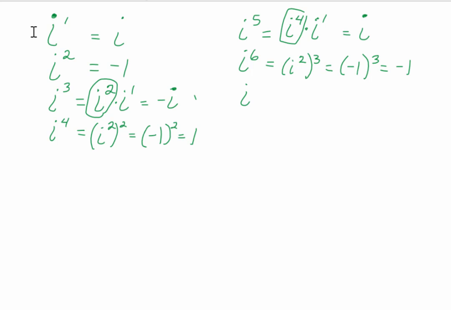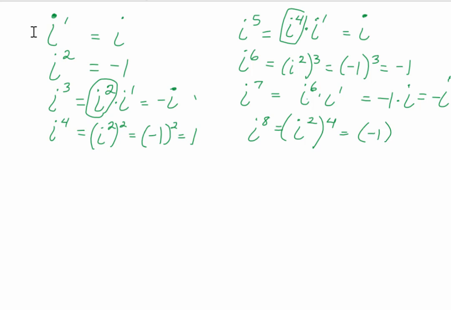All right, and then what about i to the seventh? Well, that is going to be i to the sixth times i to the 1. And we just said i to the sixth is -1, so that is -i. And then i to the eighth is i squared to the fourth power, which is -1 to the fourth, which is 1.